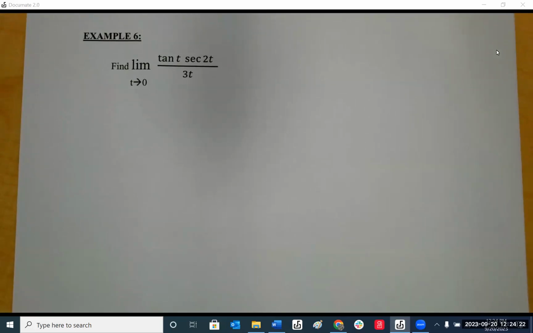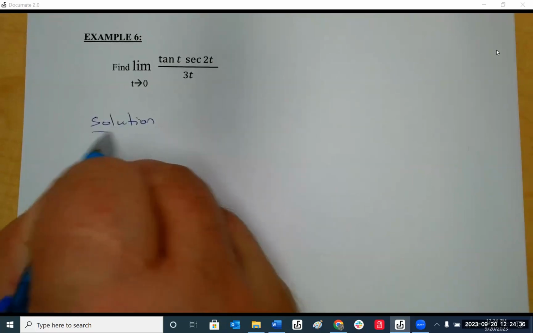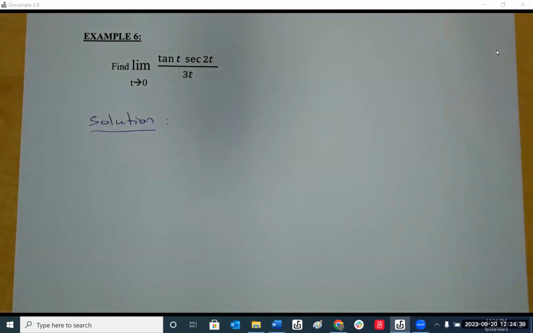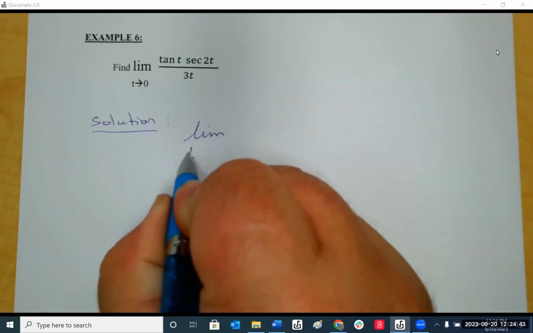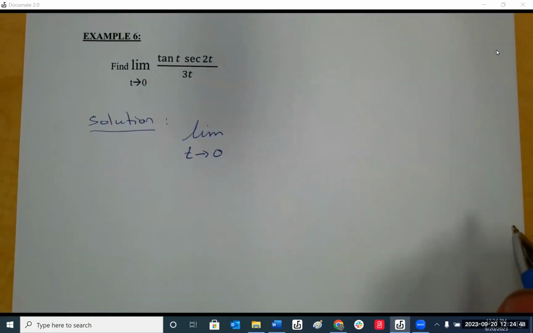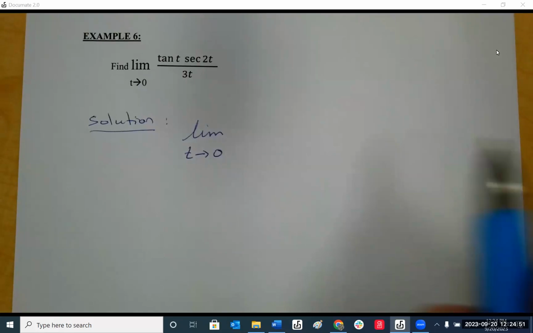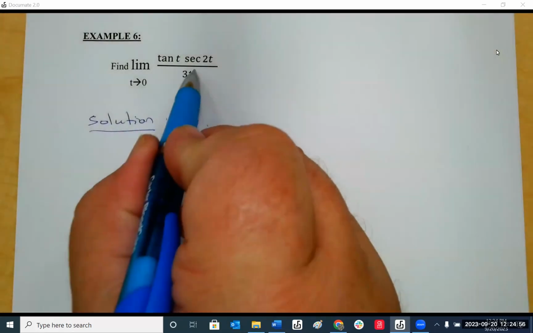Find the limit of tangent t secant double angle t over 3t as t goes to 0. Okay, let's first get rid of this one.